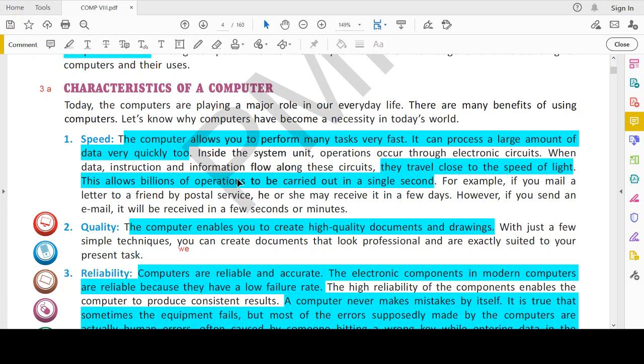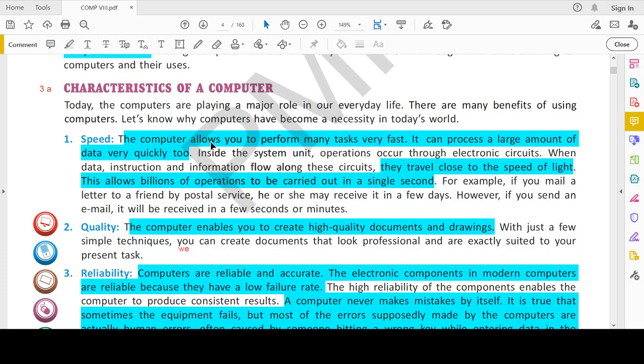Through a postal service, you will need a minimum of 2 or 3 working days for the letter to be received by your friend, but it will reach in seconds if you are using email. So that is about the speed of computers.